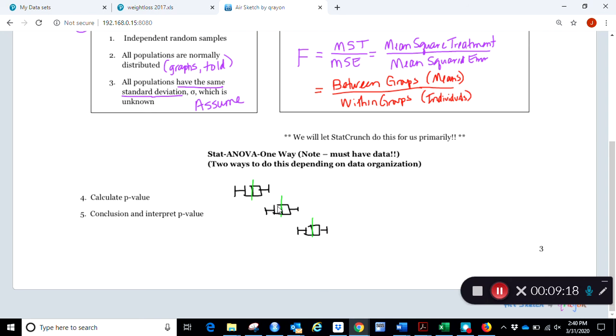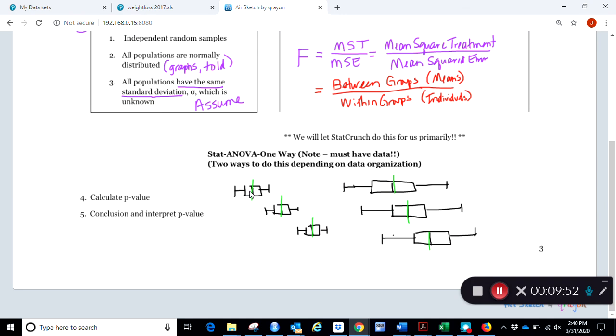Versus instead, if I take the idea here of the same means, and look at these, even though they might be similar in their distance here, there's a much larger spread or a much larger overlap.